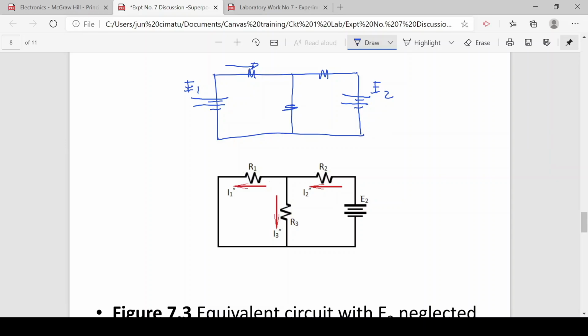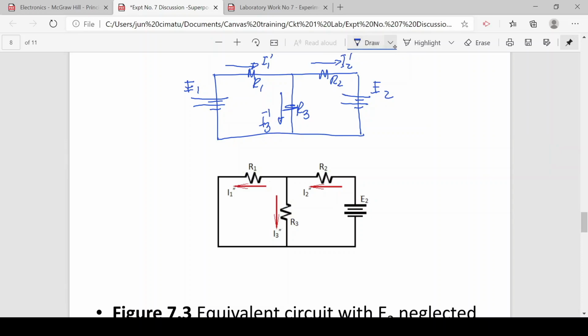The component currents of E1 are I sub 1 prime. This is R1, this is R2, and this is R3. I sub 2 prime is due to E1, and this is I sub 3 prime.